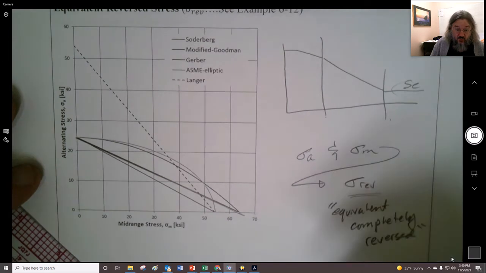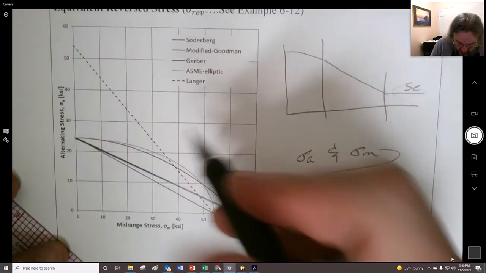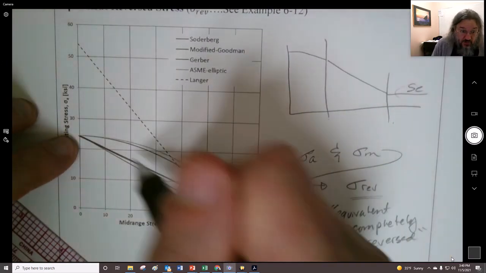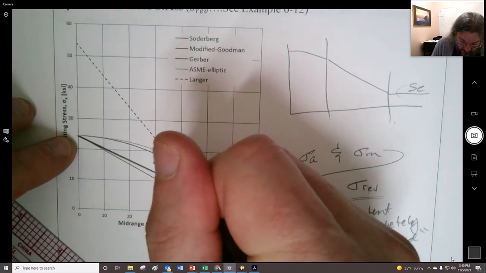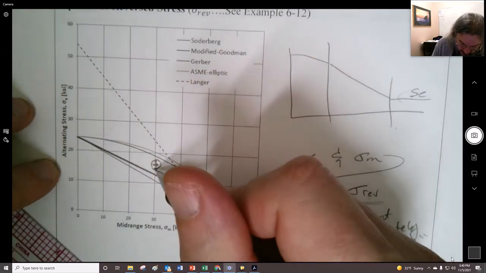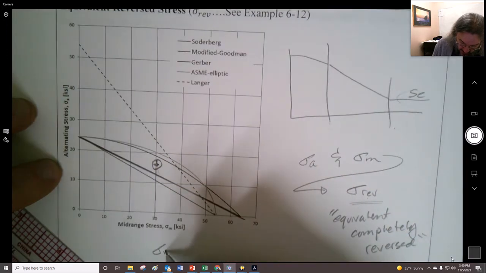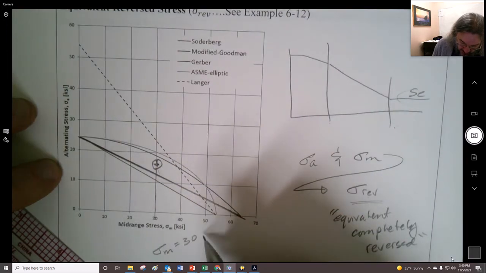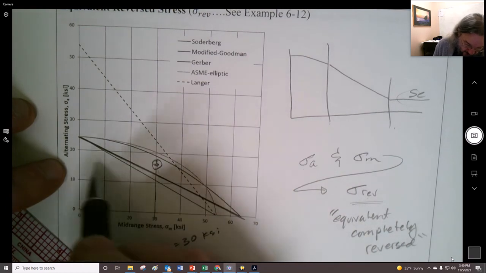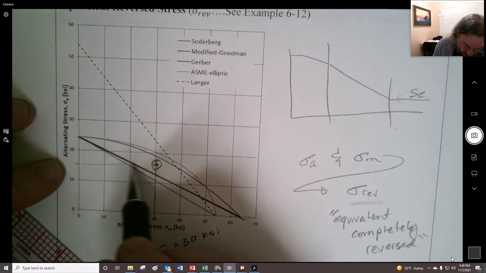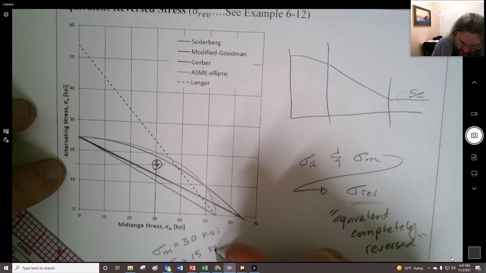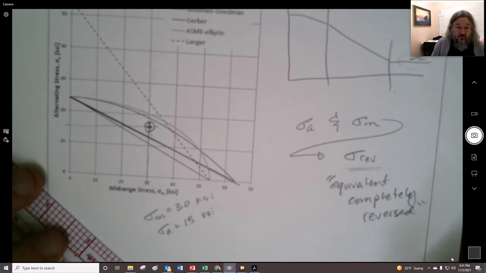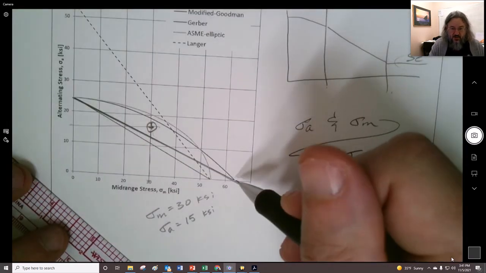And the way we find it, okay, so let's say that we're outside this Goodman line. We're going to be like right here. Say I picked a mid-range of 30 KSI, and let's just say I have an alternating amplitude of 15.